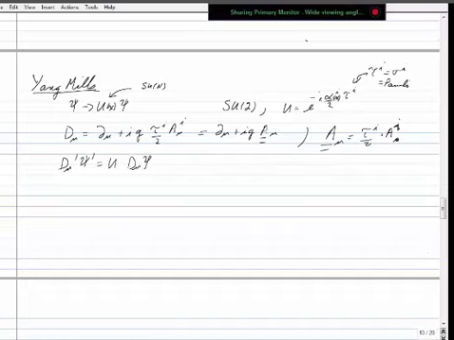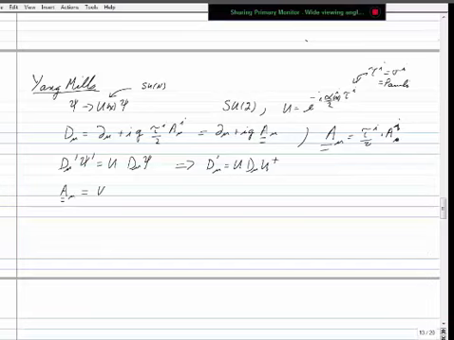For SU(2), U is e to the minus i alpha^i tau^i over 2. Alpha is a function of x, and tau^i are the Pauli matrices, the SU(2) matrices. Okay.